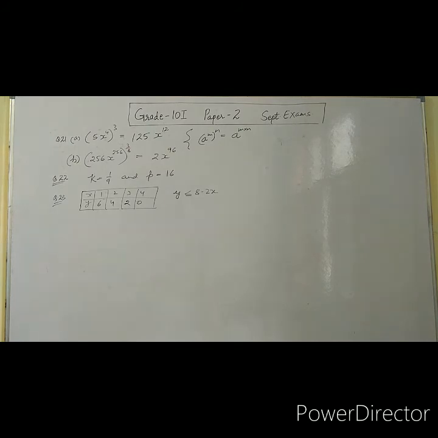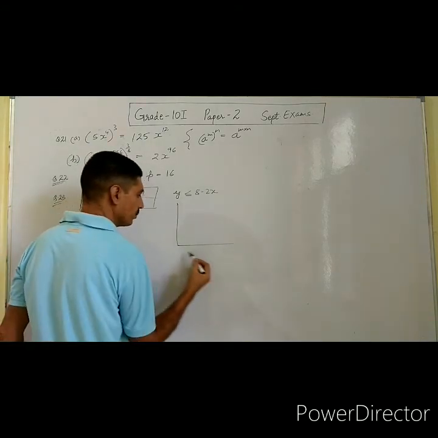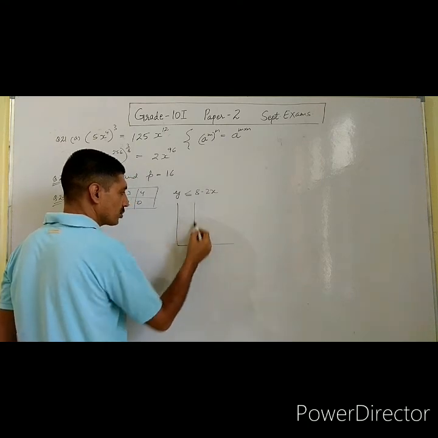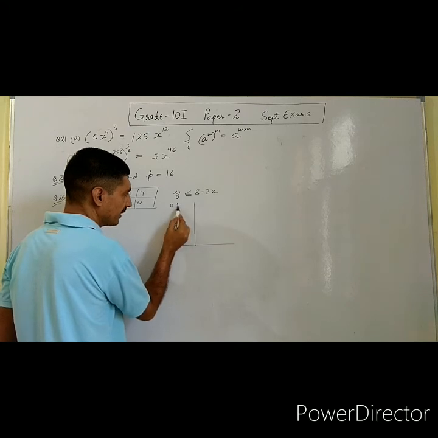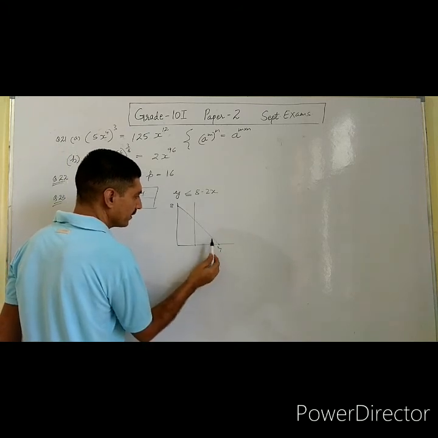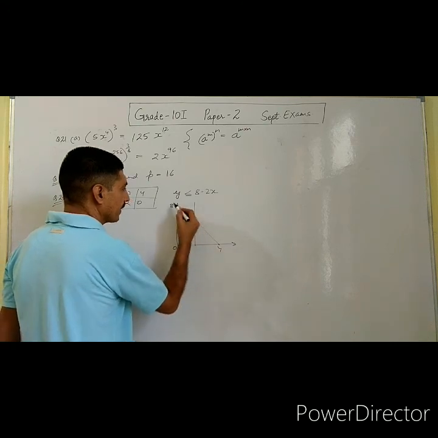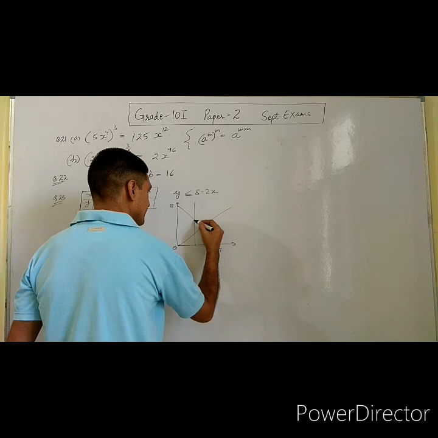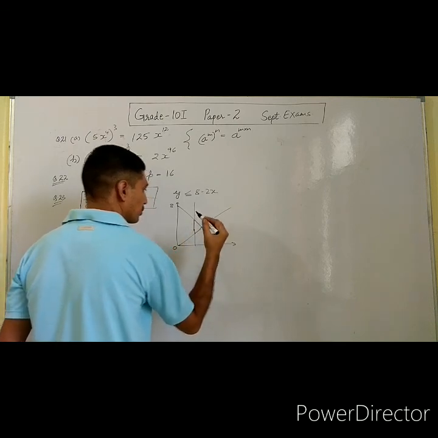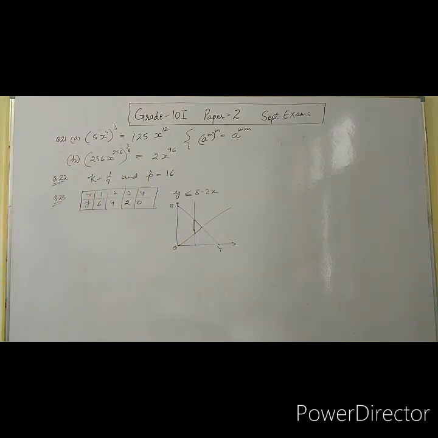And when we plot all these lines, we got the graph, right? And the graph here, where you have to plot, one is the line at 2, right? And one is here, from this point will be 8 here, and this is 4 here, right? And the another line will pass in this way, and this is the area here, the triangle portion. And whereas B part, the answer is 6.